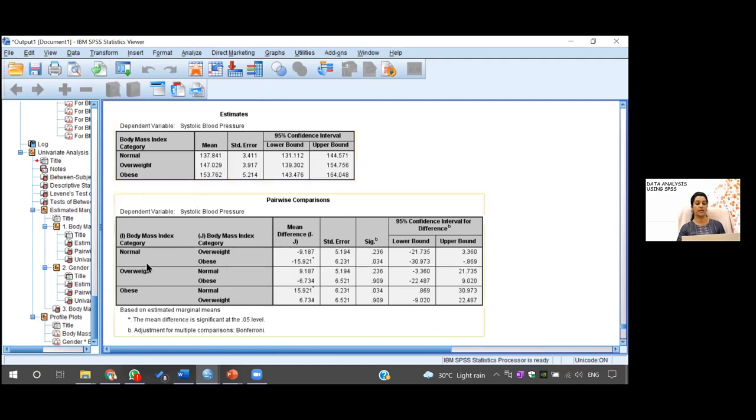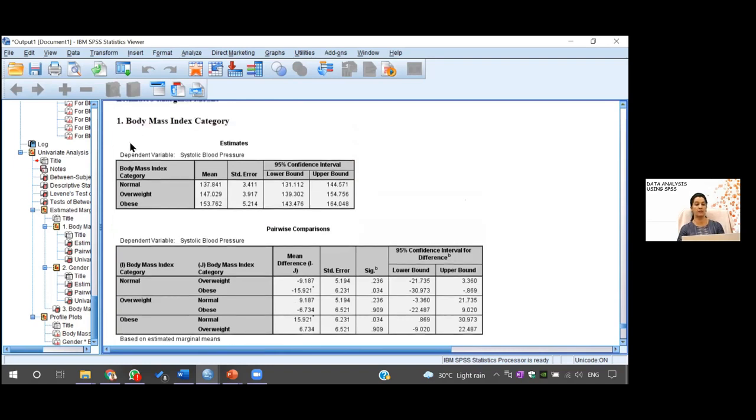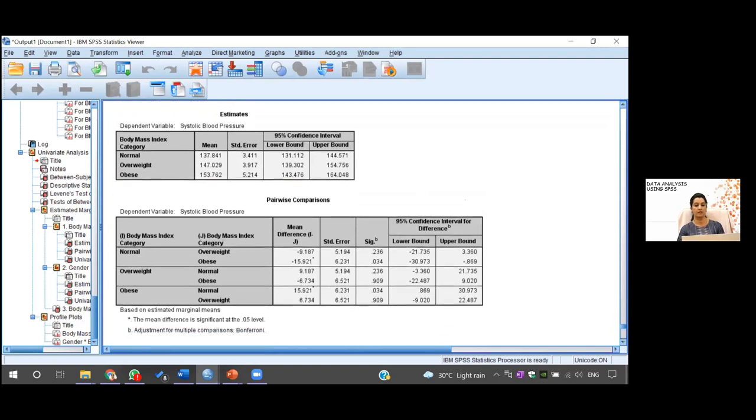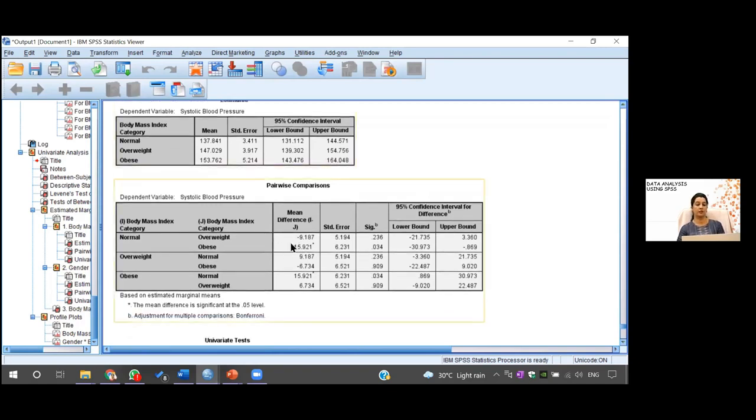So here you can see the difference between the normal and overweight. Here it is only the main effect of BMI. Remember, this is the main effect of BMI, and it is giving you the difference that we have done previously also.